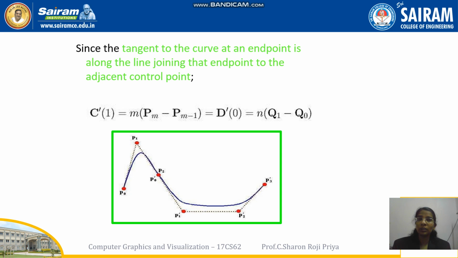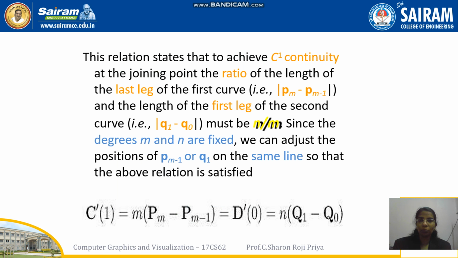So both the curves should agree for the XYZ values, and at the same time agree for the first derivative at that junction. Then only can I have this continuity when I develop a Bezier curve piece by piece.